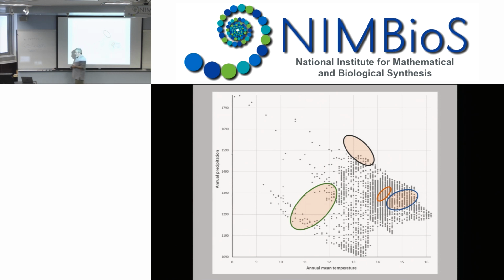Okay? So that's just kind of making the point that when I talk about the existing niche being smaller than the fundamental, I mean it in real world terms. It happens all the time.